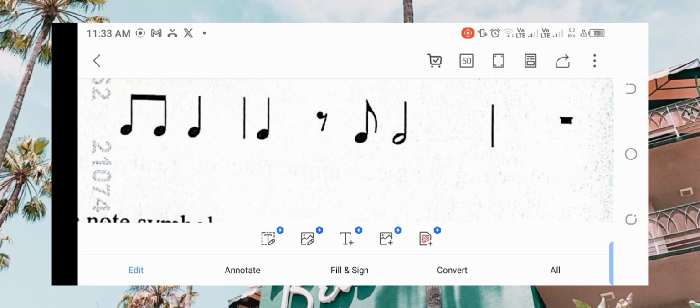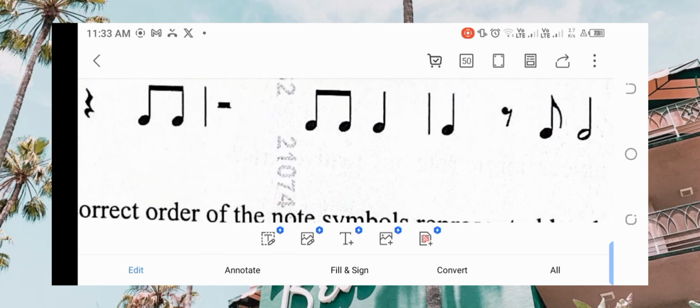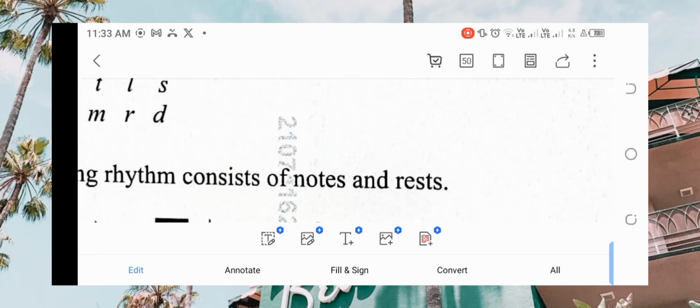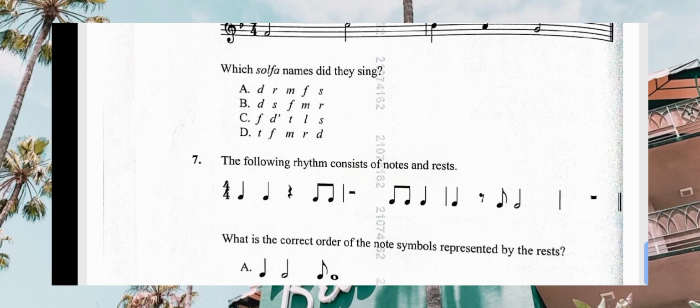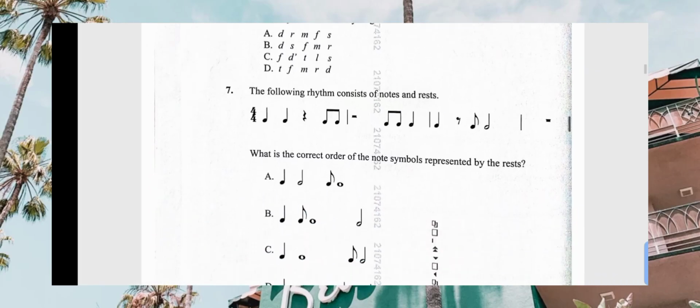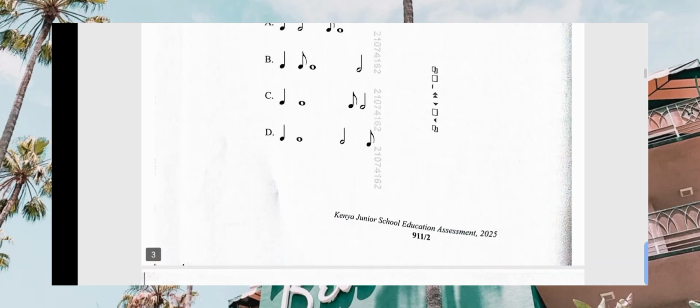Yes, so that one will not be C. Sorry, let me return it. That one won't be C. We have a minim, a crochet, then a minim, then a quaver and a crochet, and a semibreve. The correct answer is not C, but rather A.